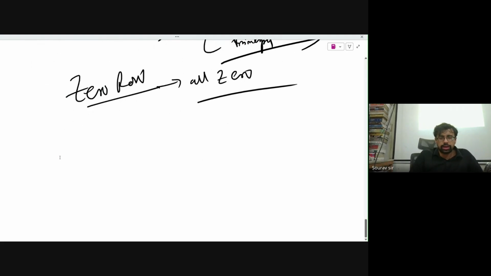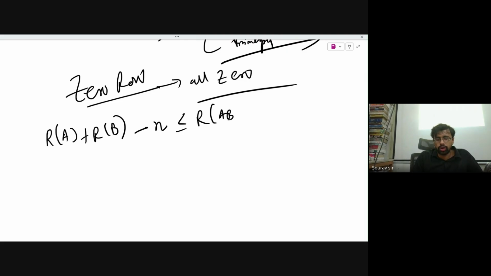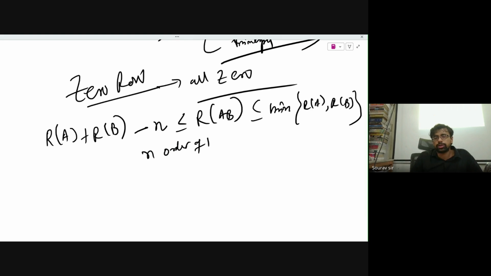Always remember that rank of matrix A plus rank of matrix B minus n is less than or equal to rank of their product, less than or equal to the minimum of rank of A or rank of B. So very important. So what is n? n equal to the order of the square matrix, meaning this formula is applicable only for square matrices.